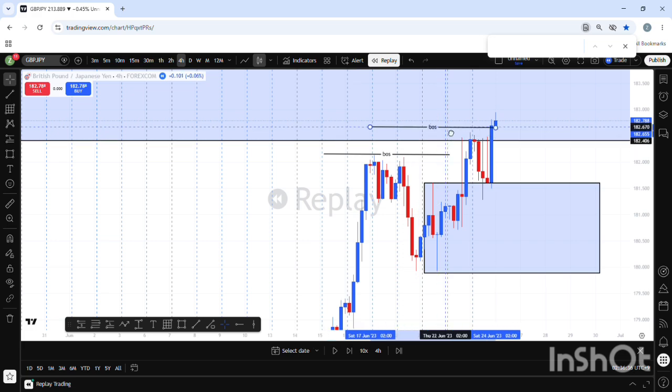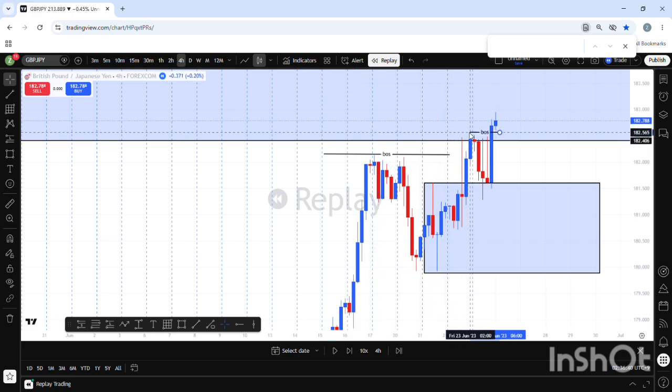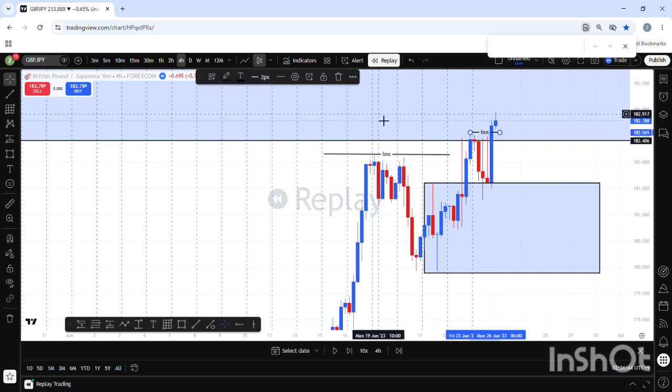Remember, you can take your entries from whichever time frame works for you, but always remember that the higher the time frame, the bigger the stop loss and the bigger the profit. Higher time frame means the market is too wide, if I may use that term.